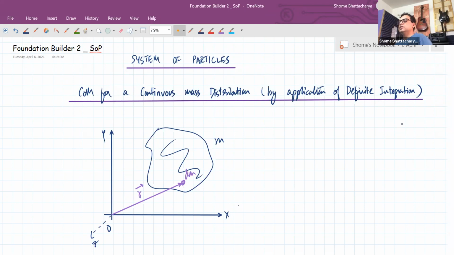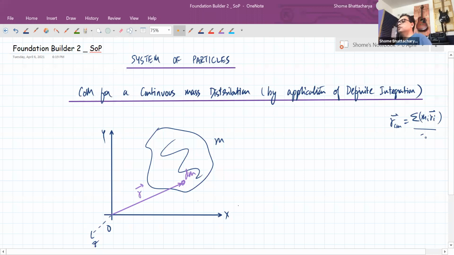And then just like for a discrete mass system, we define the position vector of the center of mass as summation m r divided by summation m. For a continuous mass system, we replace the summation with integration. So it becomes integration r dm divided by integration dm, or integration r dm divided by M, which is the total mass.